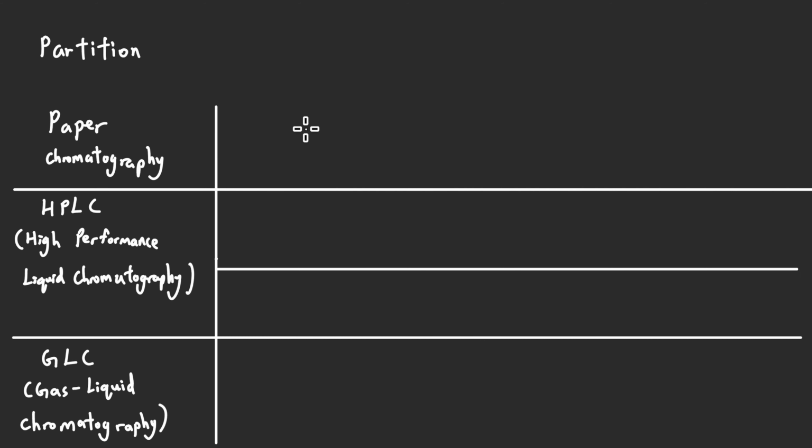Now let's talk about some examples of partition. The first example is paper chromatography. The stationary phase, I use S as an abbreviation, is polar, and the mobile phase would be non-polar. What are the examples? Organic solvents and mixtures.